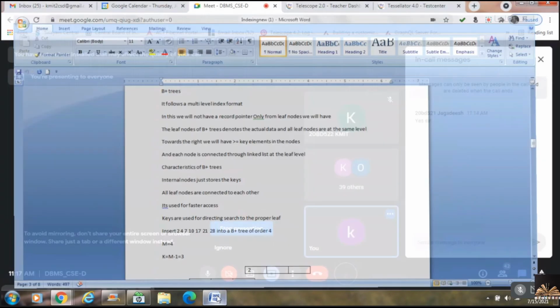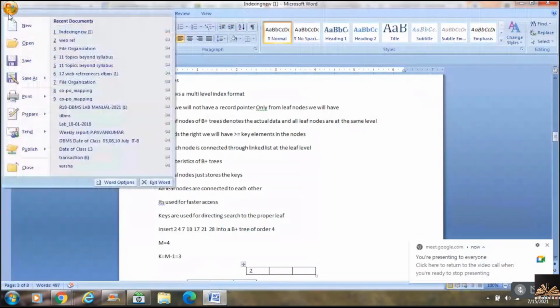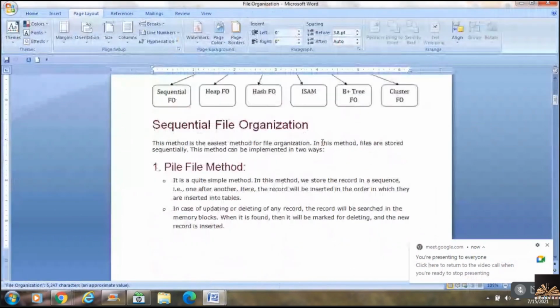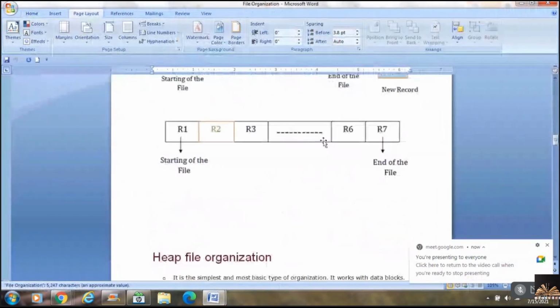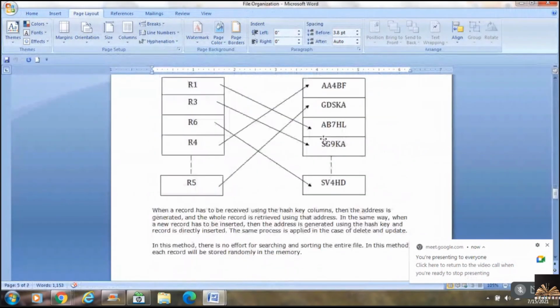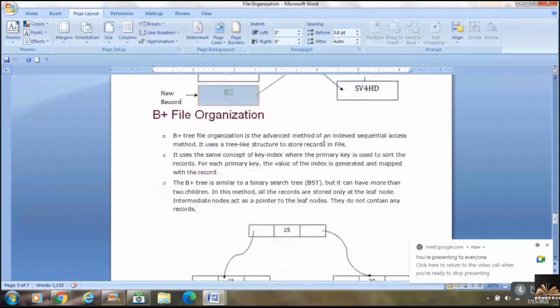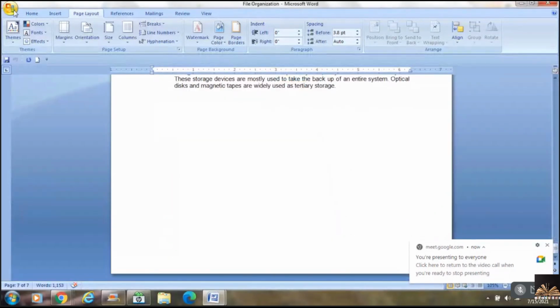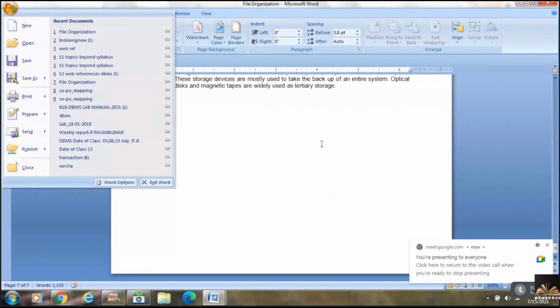I'll just show that. In the file organization, wait a second.